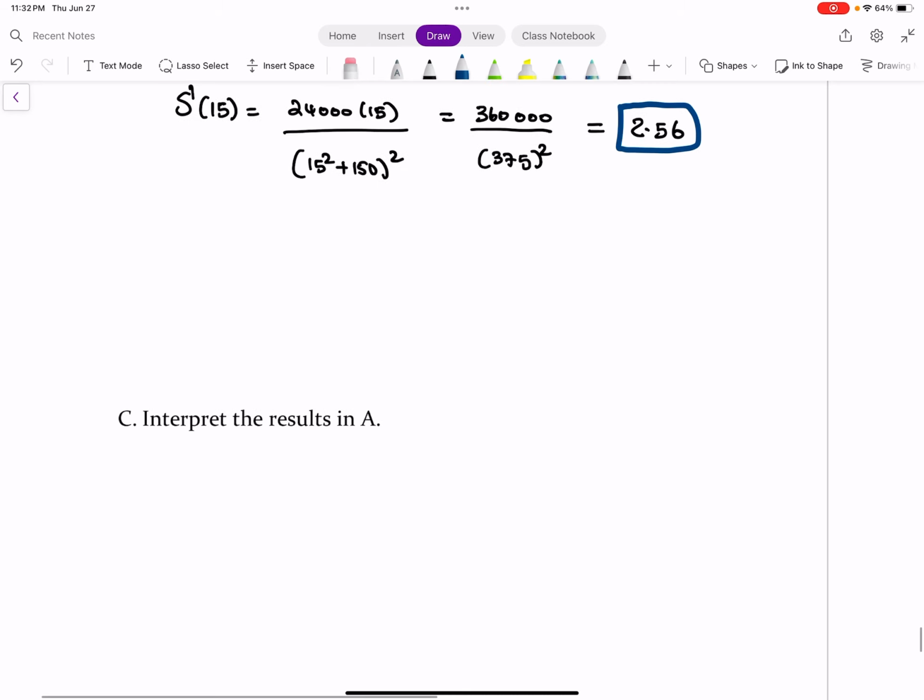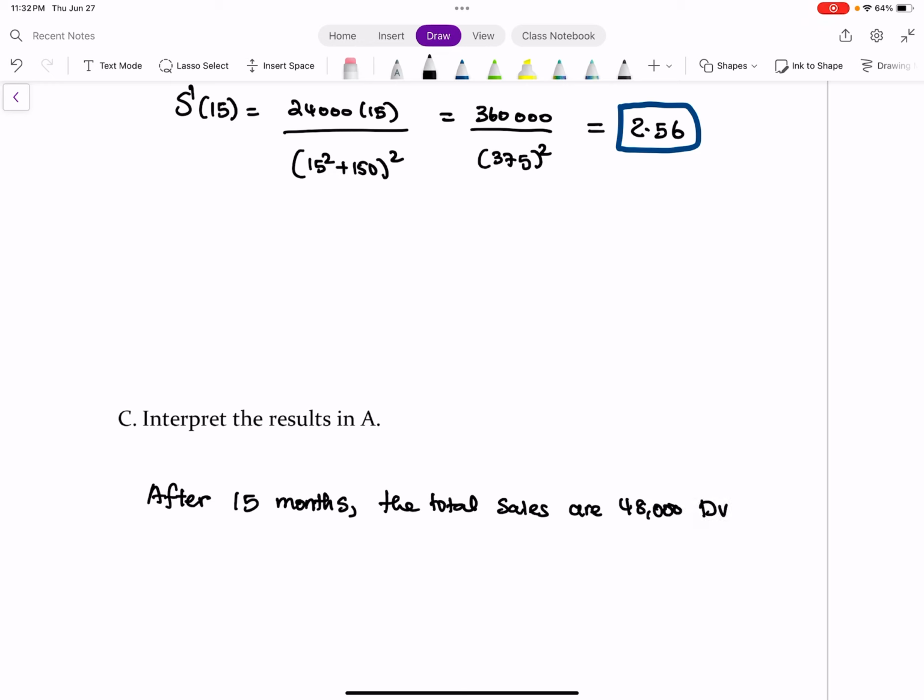So you can just interpret that after 15 months, the total sales are 48,000 DVDs.